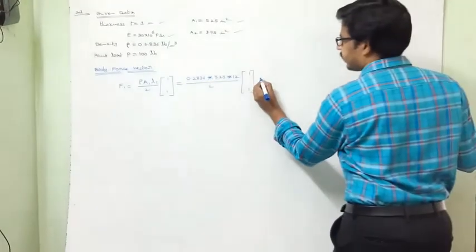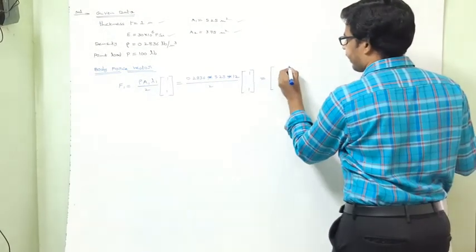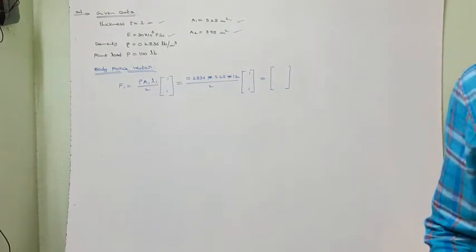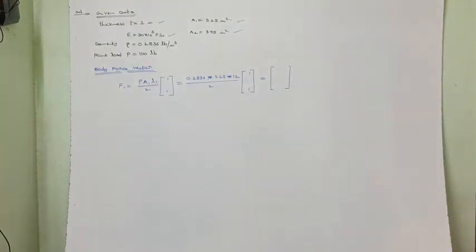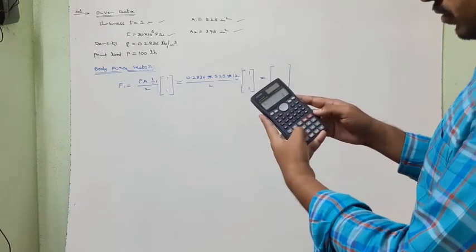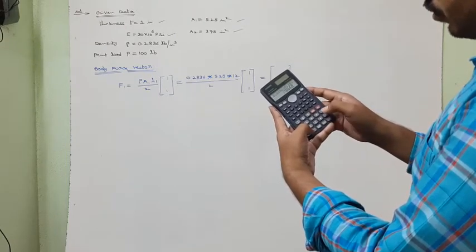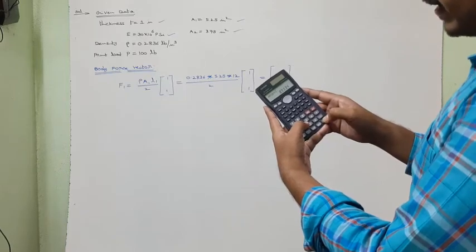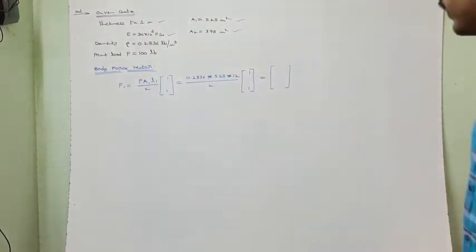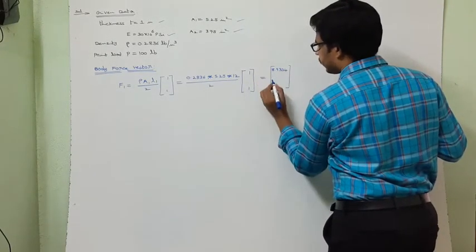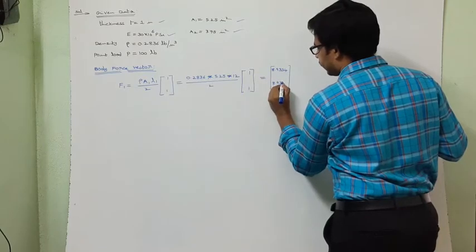So here the force values are 0.2836 into 5.25 into 12 divided by 2. That means 8.9334 and 8.9334.